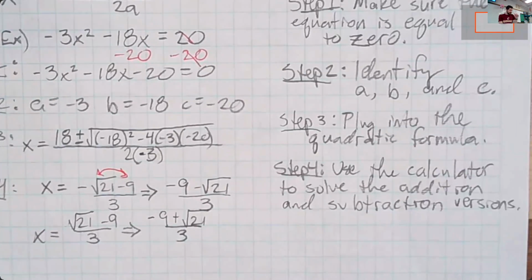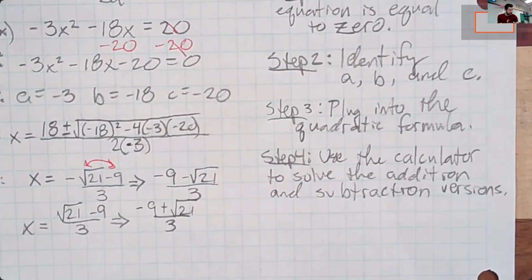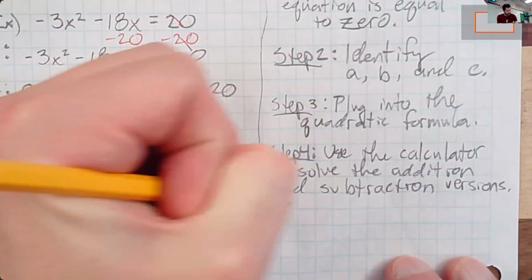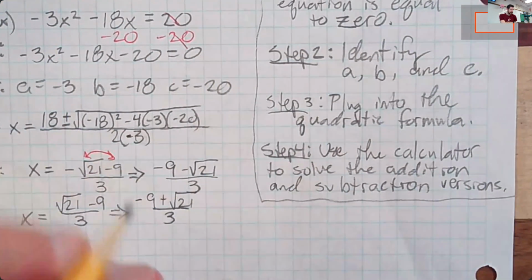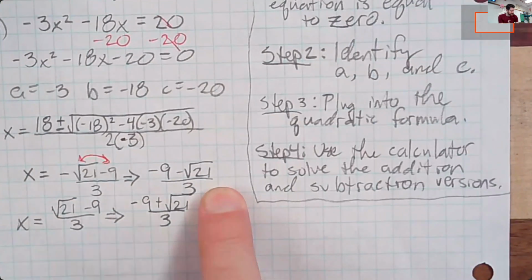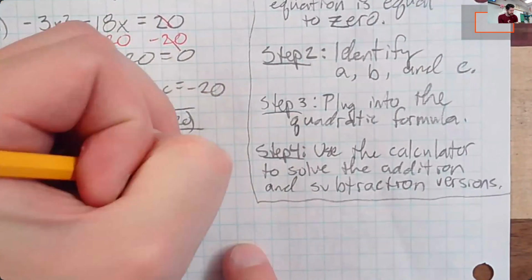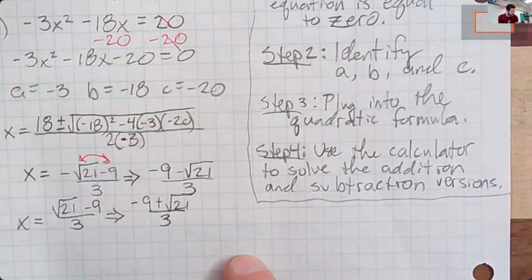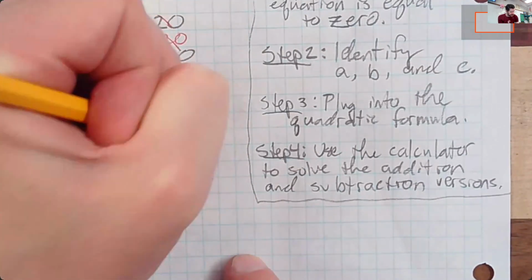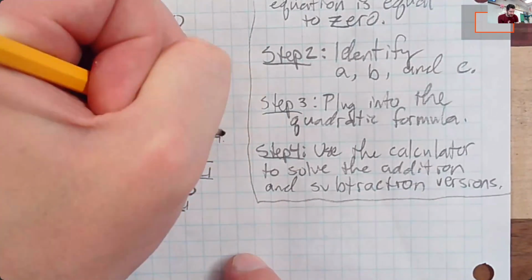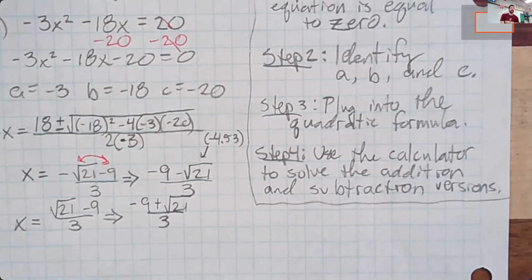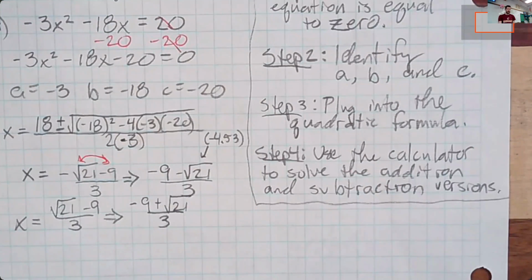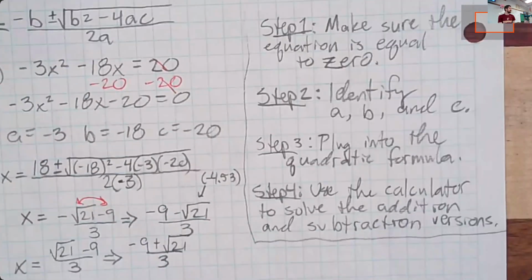And just for being thorough here, this top answer is about negative 4.53. If you push the little left right arrow above enter, it'll give you a decimal approximation.